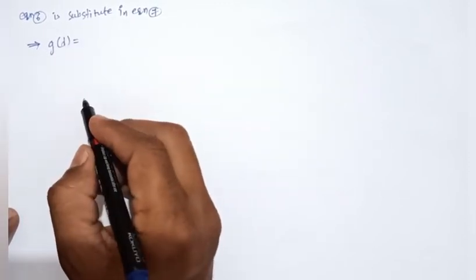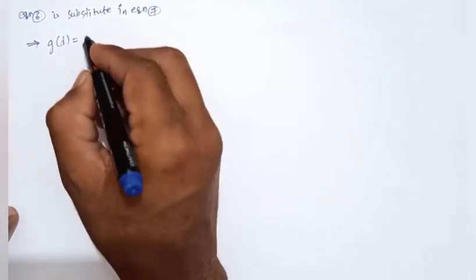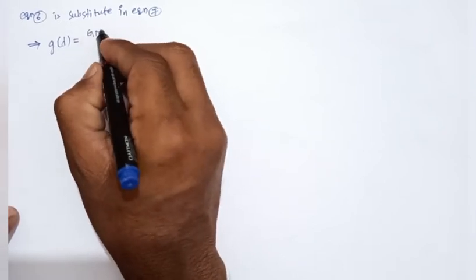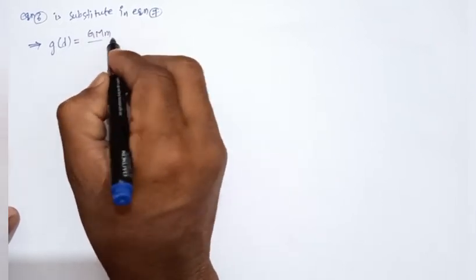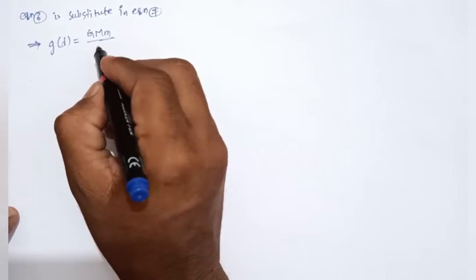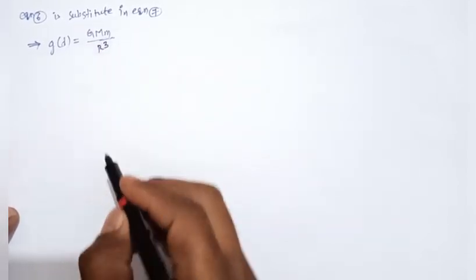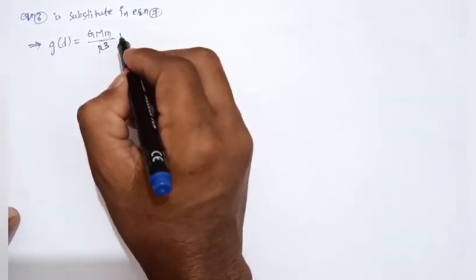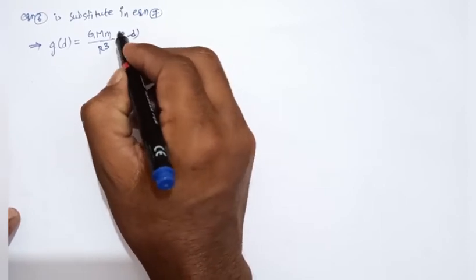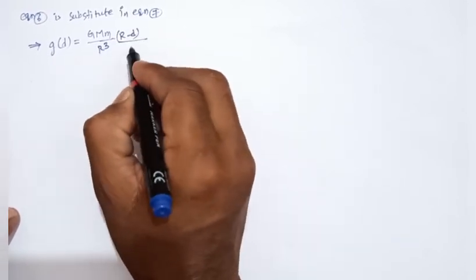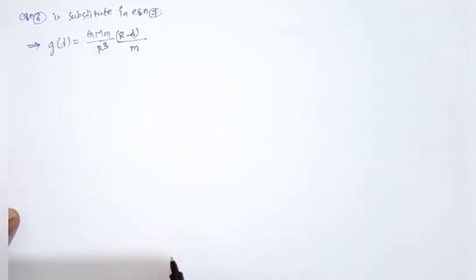What is F of d? G capital M small m by R cube into (R minus d), divided by m.